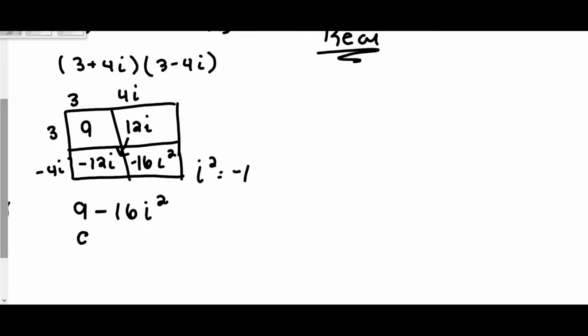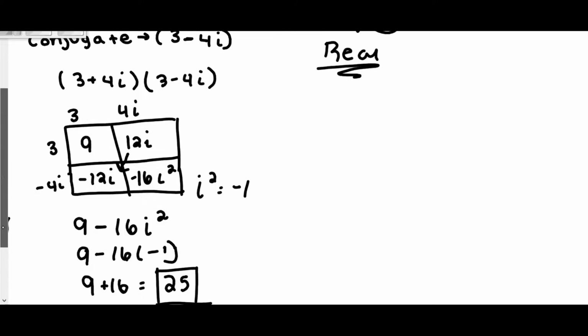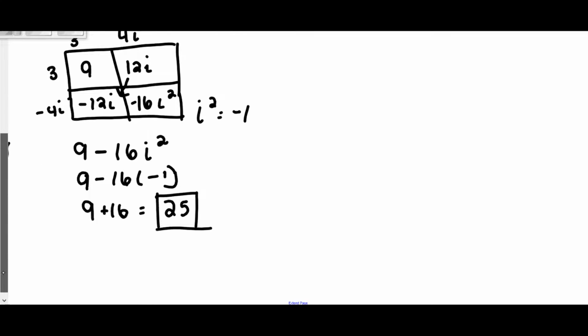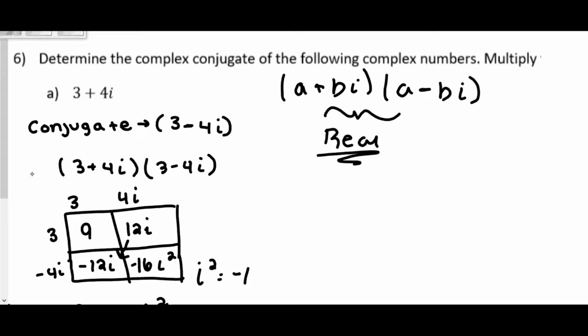So this turns into 9 minus 16 times negative 1. 9 plus 16, which is 25. And that is our answer. 25 is a purely real number, so we know we did it right. And that's it.